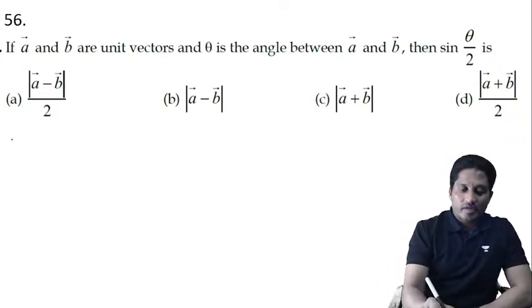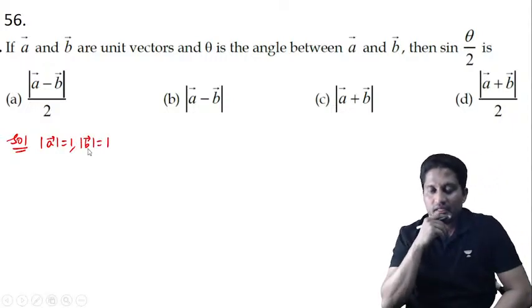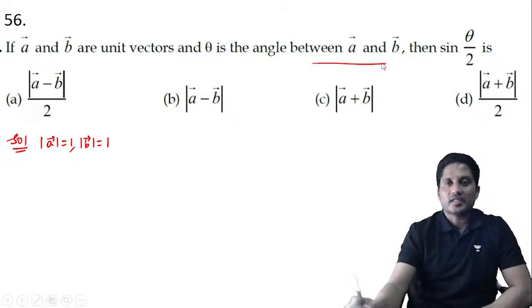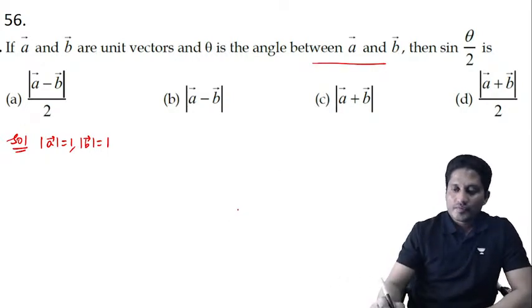If A and B are unit vectors, this means that modulus of A is 1 and modulus of B is 1. A and B are unit vectors, and theta is the angle between A and B. What is sine theta by 2? Alright, now listen.